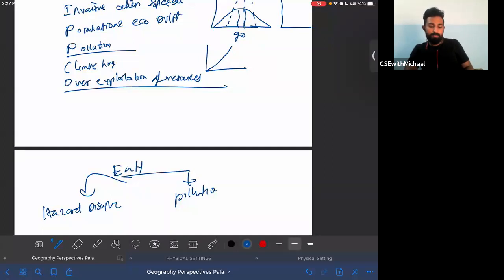In geography, environment has wider implications. It can simply mean physical environment, and in broad sense, it can also include the human environment. That is social plus culture. Human environment.